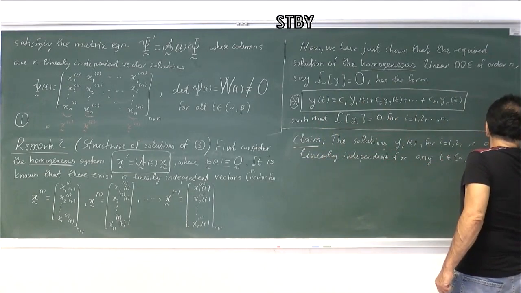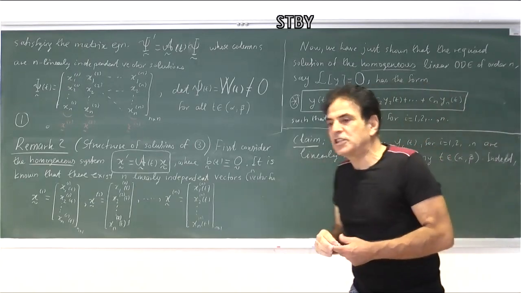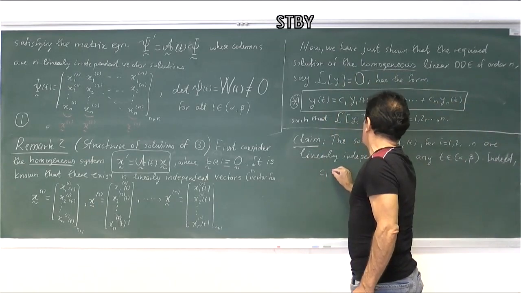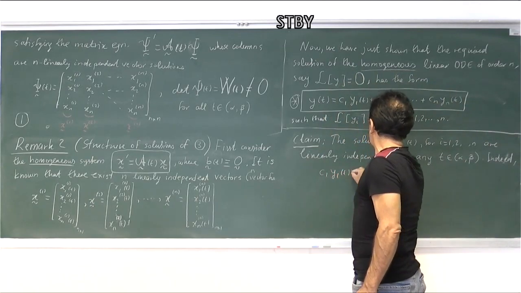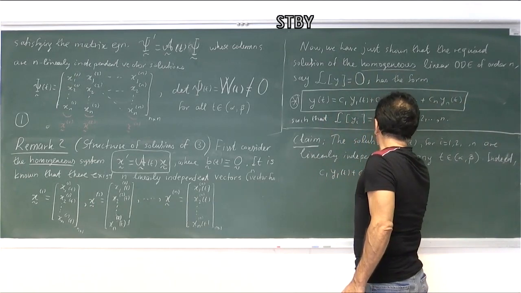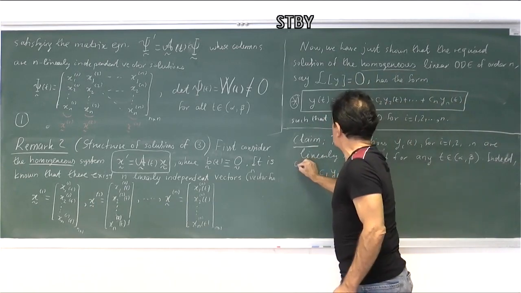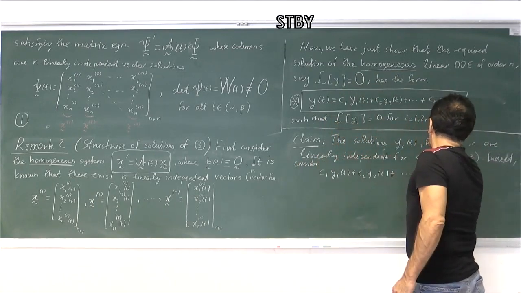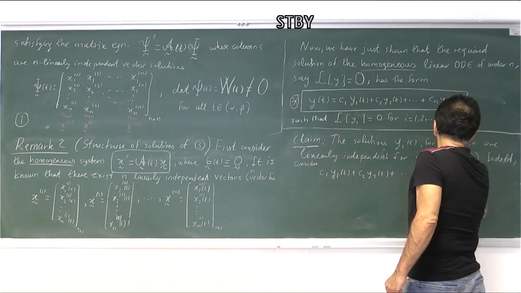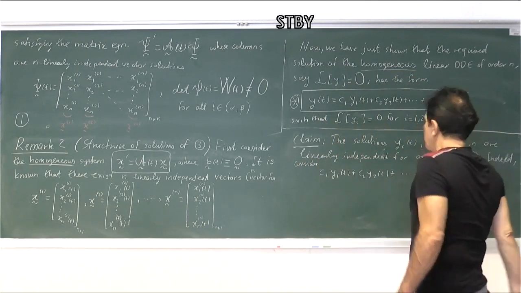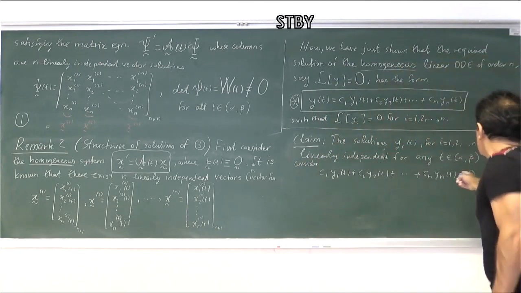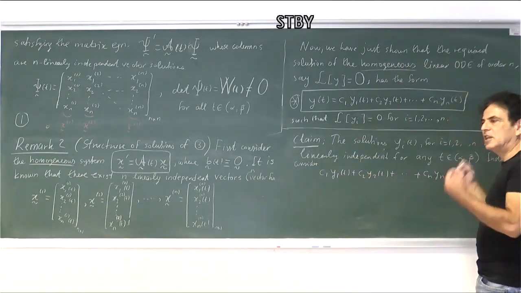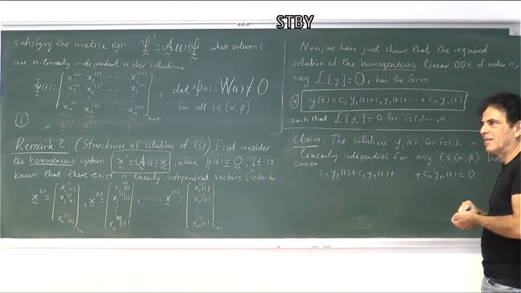How can we check the linear independence of n functions? Look, we write this equation, C1 y1 of t plus C2 y2 of t, indeed, consider that, plus Cn yn of t. So given some t, we require that this is 0, okay?